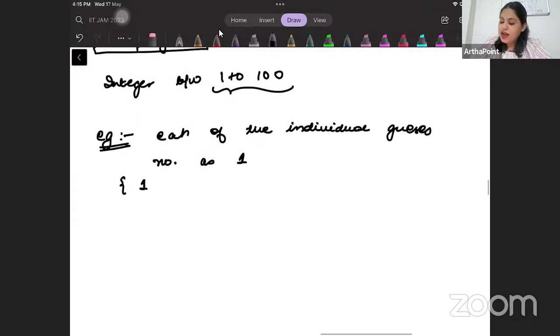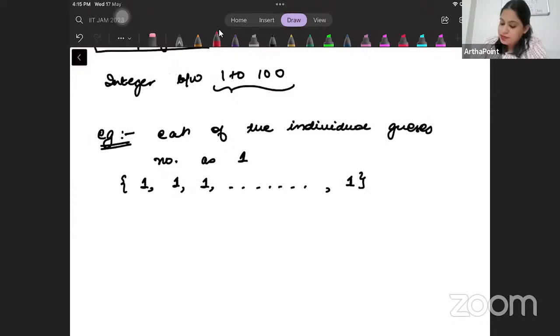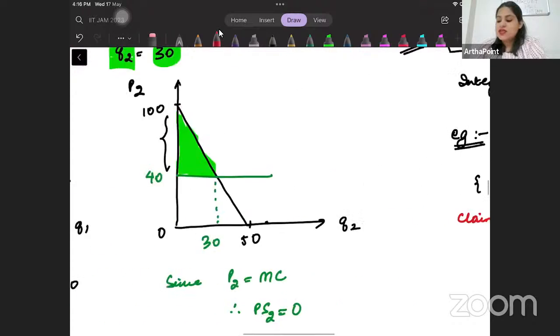I have not taken any value of n, so I'm just writing like this: 1, 1, 1, 1 till 1. Each of the individuals guesses the number as 1. My claim is that this is a Nash equilibrium.